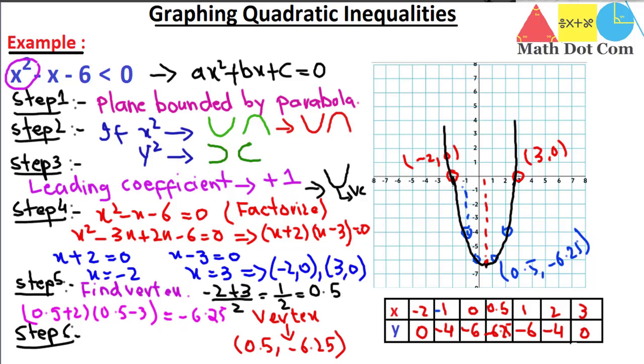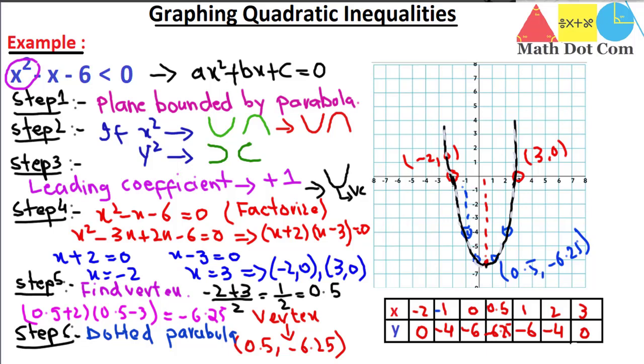I have already told in the previous lecture that when you don't have the equality sign in the inequality, then you have to consider the dotted line. So we have to consider the dotted parabola first, then we will highlight which area is to be included. I'll make it dotted like this. If you can see, I am making it dotted. It's not a solid line. Keep this in mind. Whenever you don't have the equality sign, it will not be solid.